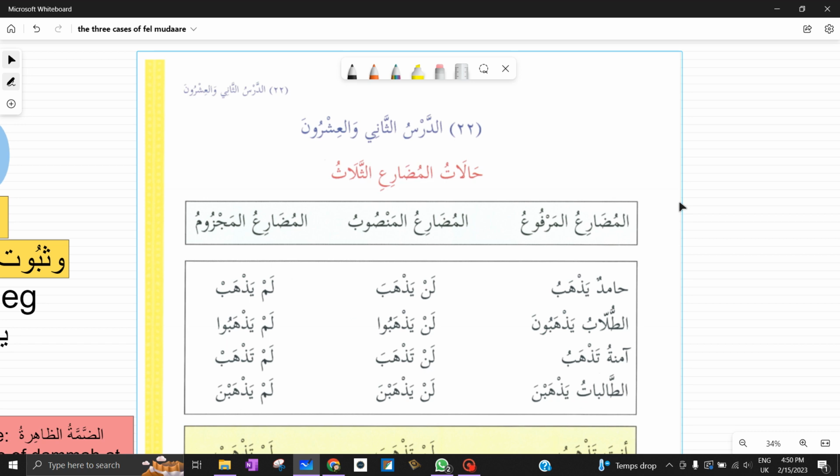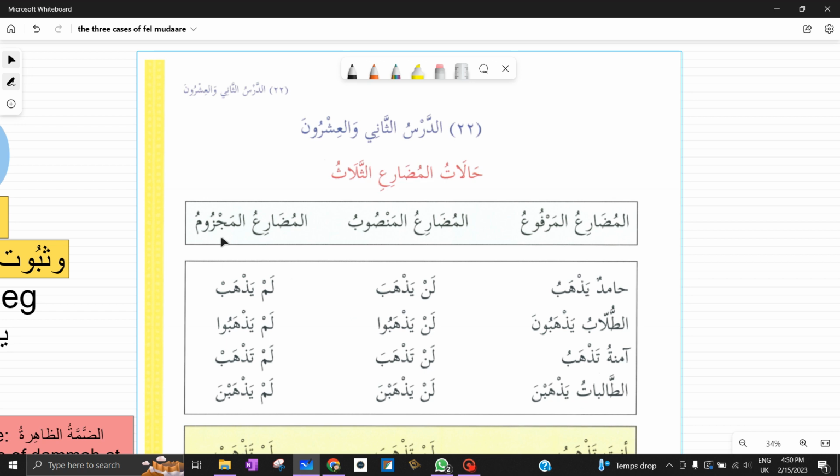There are three cases, as we know. Marfu, here you can see al-mudare marfu, al-mudare mansoob and al-mudare majzoom. So you can say that fail mudare is mu'rab. Mu'rab means changing. It can change its position, and it can be marfu, mansoob and majzoom.